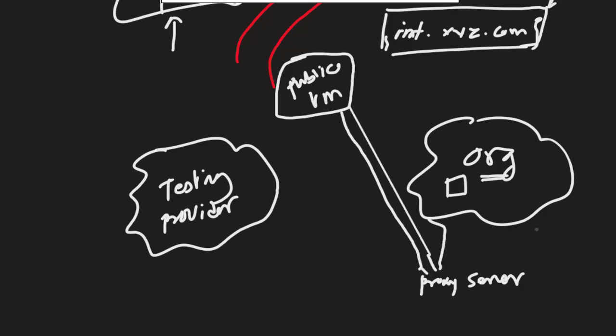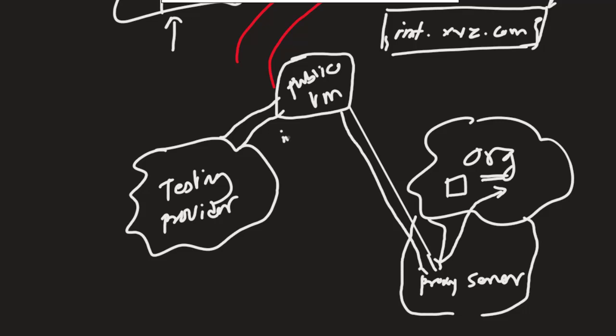The proxy server is sitting in this organization, so it is going to resolve all the URLs that are internal to that organization. So from the testing provider's network, they are going to hit internal URLs like internal.xyz.com. Now this public VM has the tunnel with this proxy server, right?